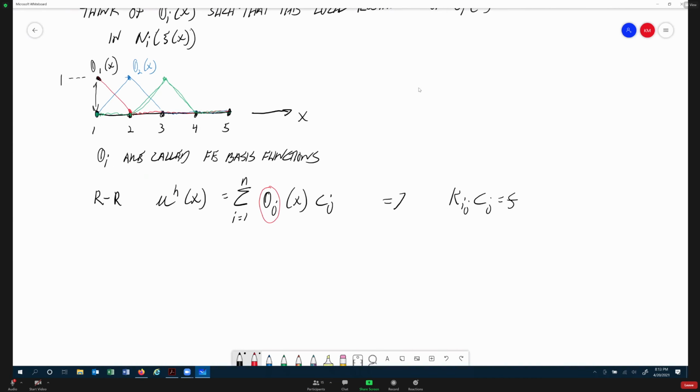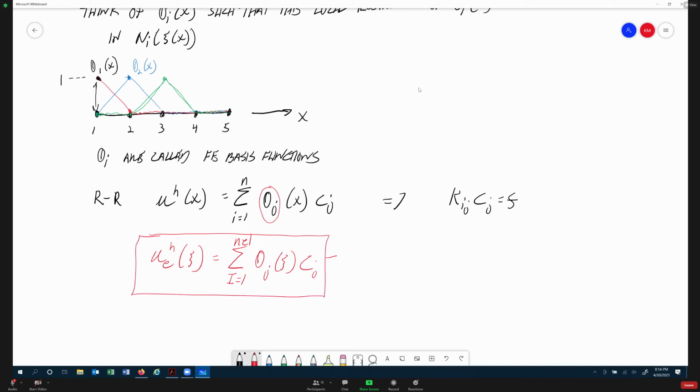We now have U_h^e in the C space is equal to the sum of I equals 1 to N_ell of phi_j times C_j. So this basis function that we're going to plug in here helps us with this trial solution.